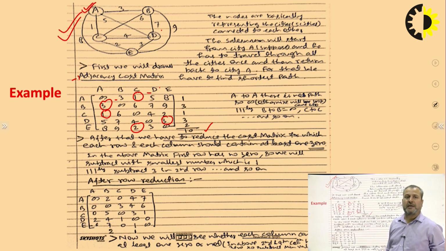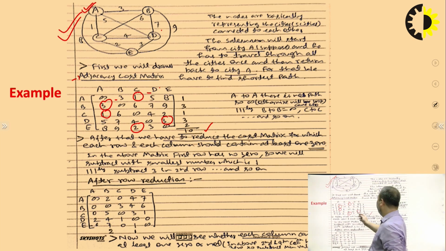So this is the first process we are going through. The technique is branch and bound. After row reductions, the next step is to subtract from all the row elements the corresponding minimum element. So subtract 1 from all first row elements.